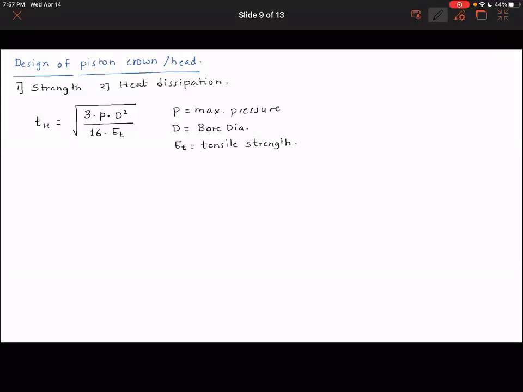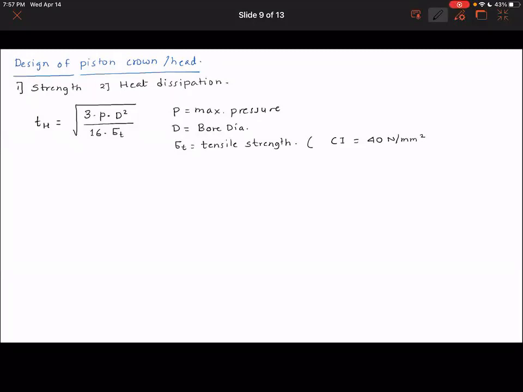And this strength could be material dependent. So for example, if you have cast iron, depending upon whether you have gray cast iron or a variation, it is about 40 Newton per millimeter square.